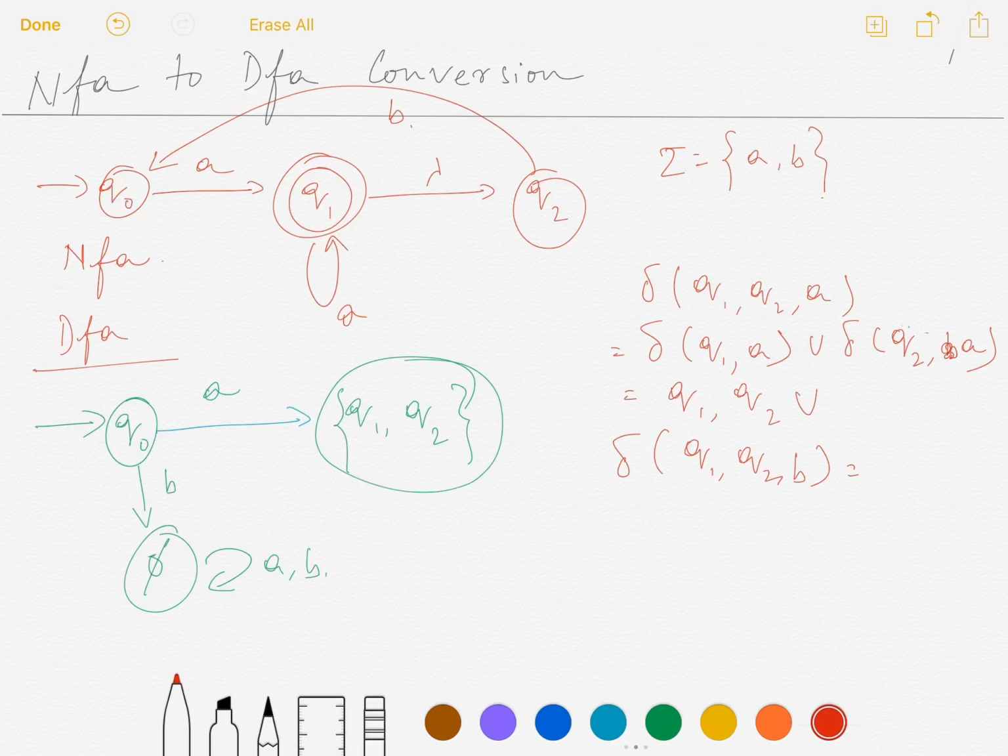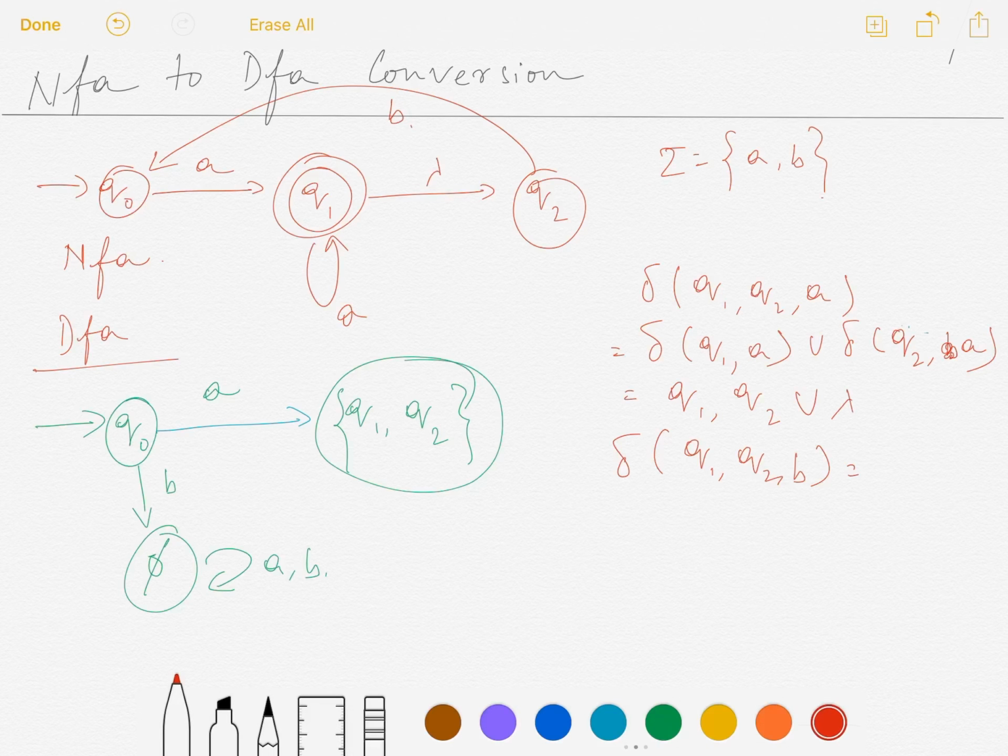And at Q2, A is not mentioned in this case. So Q2 A is not desirable for that machine; in no case does it lead to the final state. So in this case, instead of giving phi, you have to give lambda.